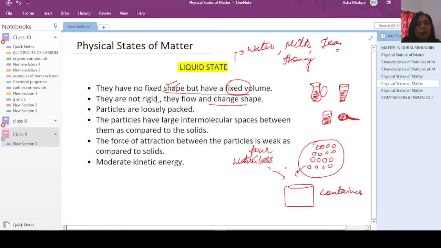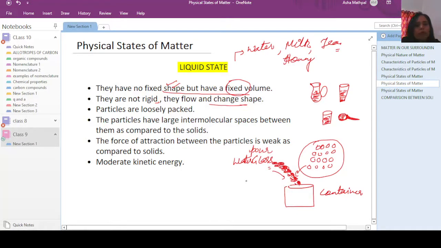It will go like this, like few of the streams of the water will be touching the rim. Few will be here and some stream of the water will be here, like that, isn't it clear?